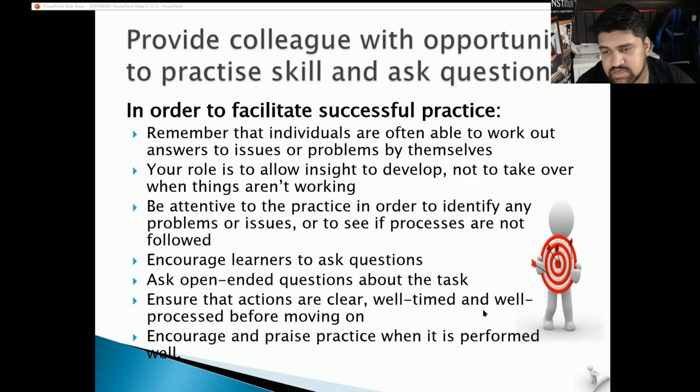We want to encourage the learners to ask questions, ask open-ended questions about the task so that they can give you a descriptive answer and not just a yes or no type of answer. Ensure that the actions are clear, well-timed and well-processed before moving on, and encourage and praise practice when it is performed well.